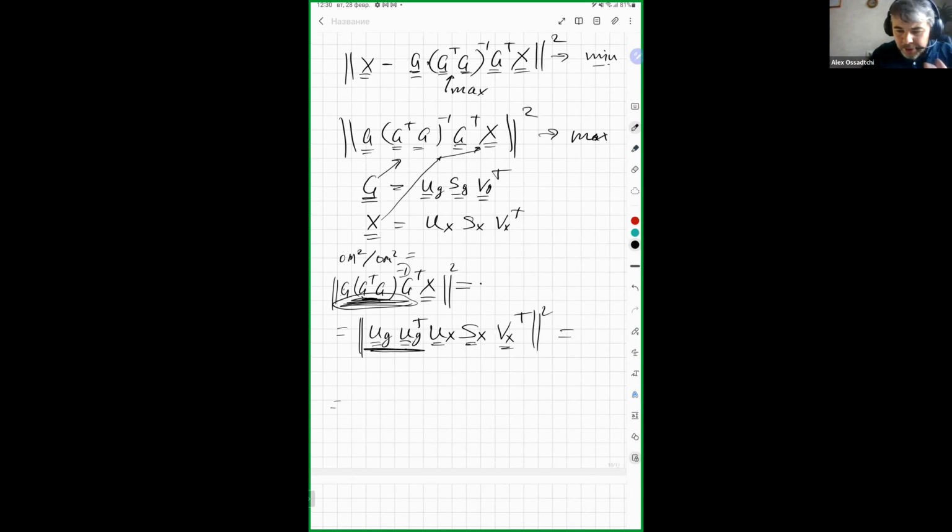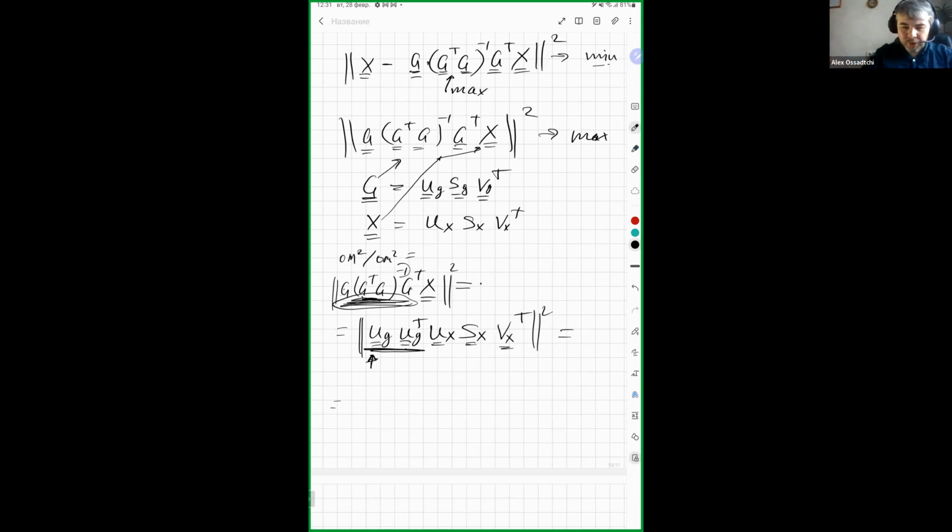And then if you're interested in a Frobenius norm, then the multiplication by the orthogonal matrix doesn't change it. Remember, it's basically the sum of squares of the coefficients, because you can consider the columns of a matrix multiplied by another matrix as coordinates of this column in the space spanned by the columns of, let's say, UG, and then it will be just essentially the sum of squares, right?